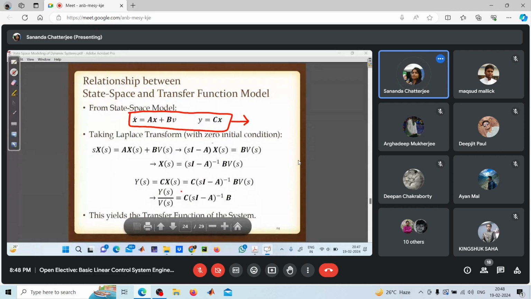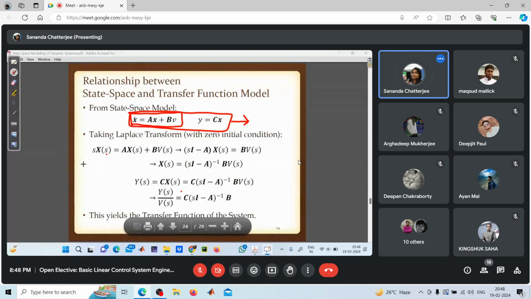So we will take the Laplace transform of the first equation, the state equation. We will get sX(s) minus x0. Zero initial condition means we put x0 equal to 0, and therefore we can write sX(s).